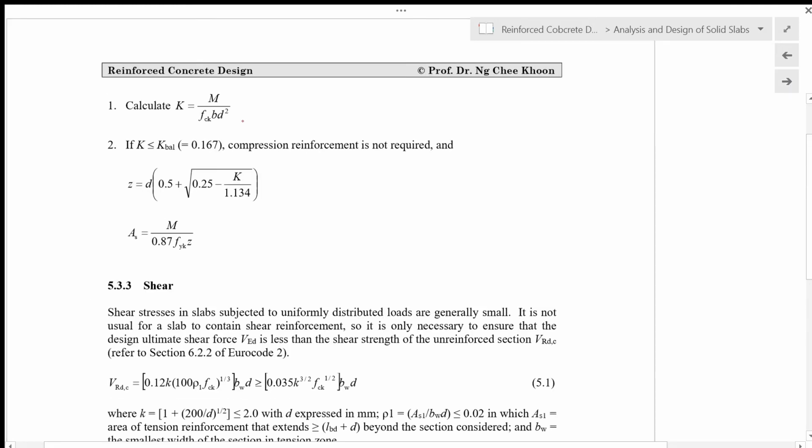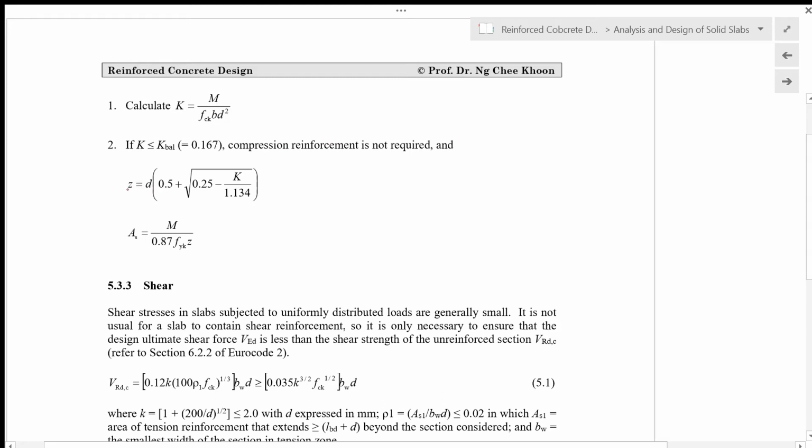The first step of designing steel reinforcement for flexure or bending is by calculating K, similar to beam design. So K is equals to M over fck b d squared. And we check K. If K is smaller than K balance, then no compression reinforcement is required.